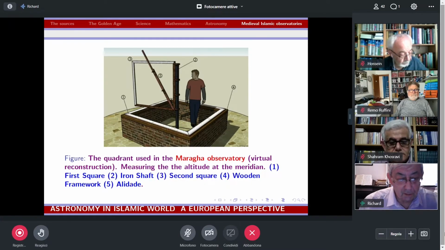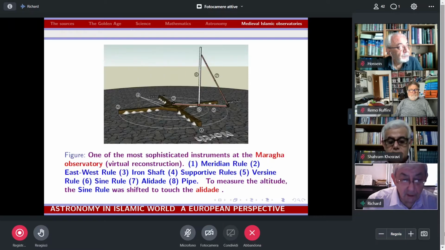It can be turned azimuthally and directed towards some celestial object, and you can measure angles directly. This is a little more sophisticated, also in Maraga. You can see the details in the presentation which Surush will put on the website.